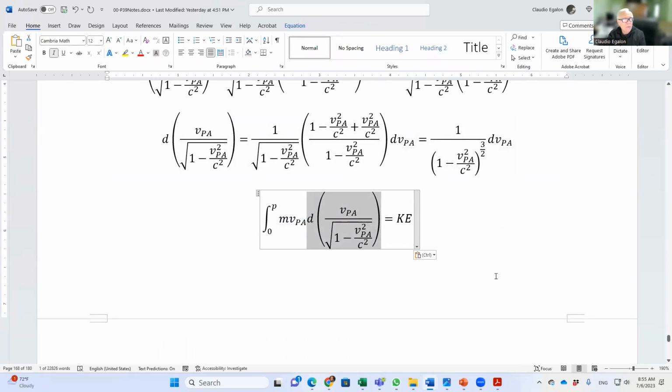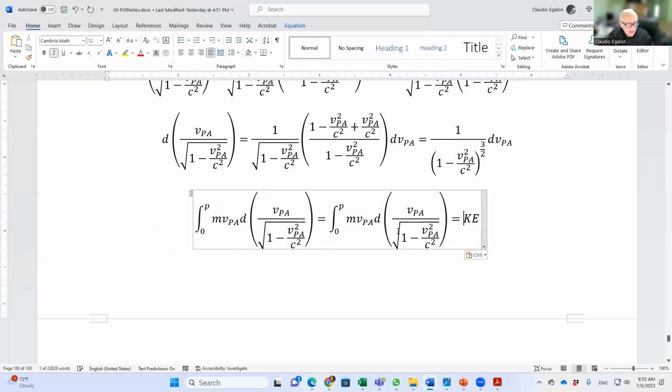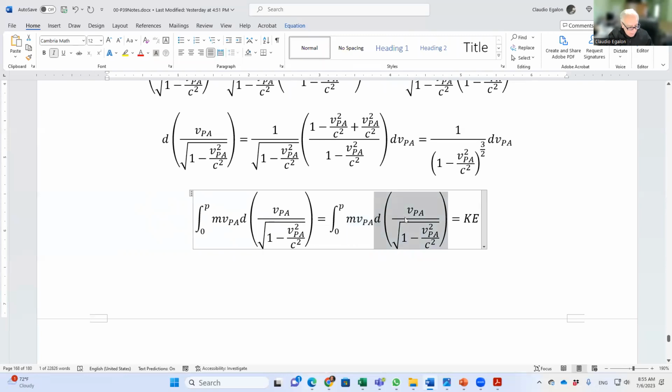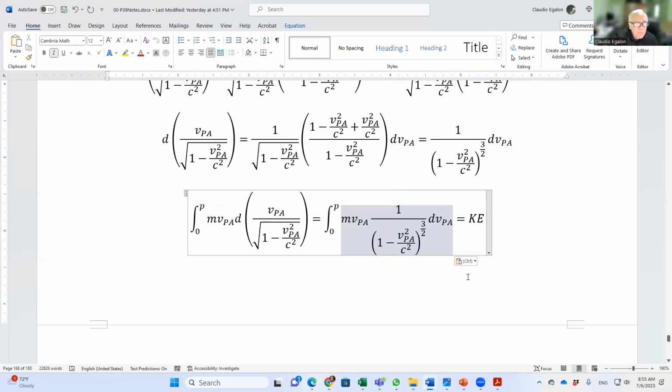What we derive with this term. And we can replace it with this one. There you go. I didn't take out the mass from the integral yet, but I will be able to do that. Let's see if we can finish it.